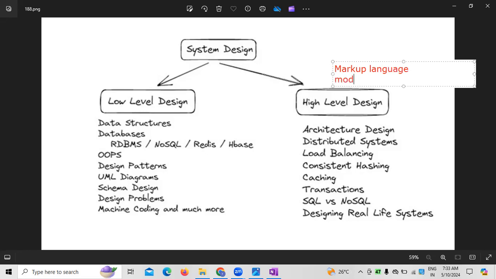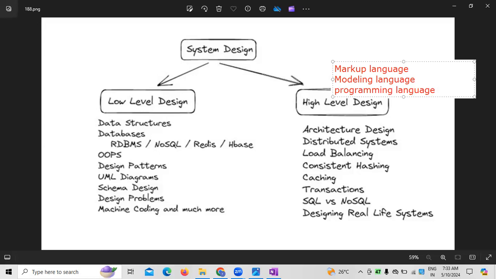Second is modeling language. Next is programming language.